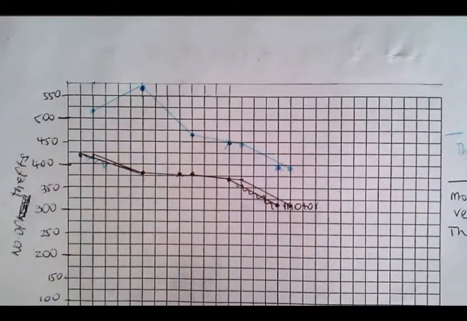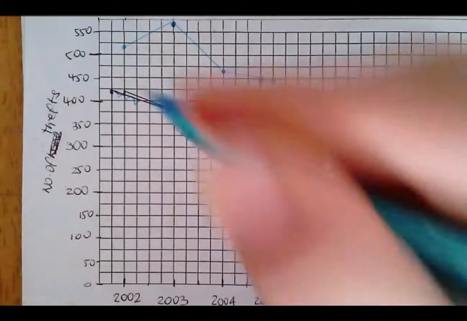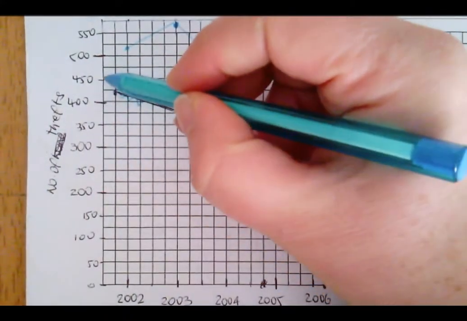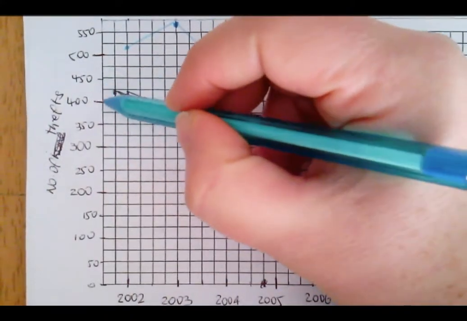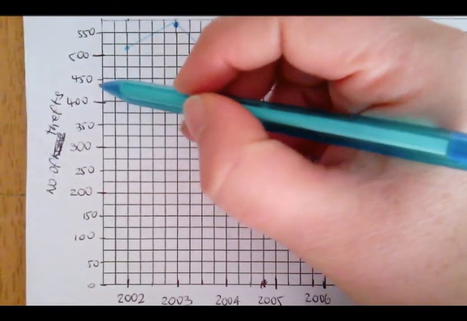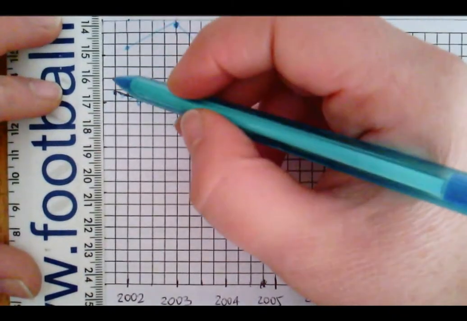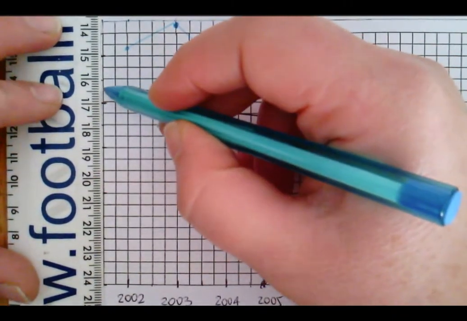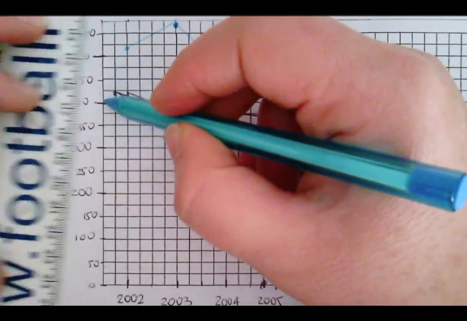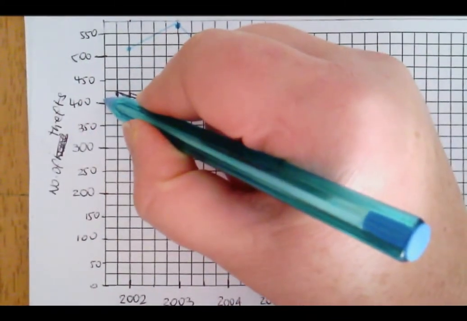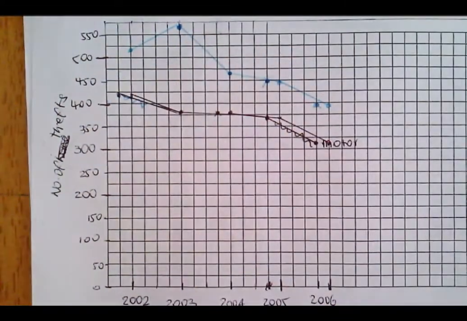The main thing you need to focus on here is to make sure you label. Also, it's just counting up here. If that's 400 and that's 450, this is 425. If these are 1 millimetre apart, it's about 4 millimetres from there to there. So each millimetre would be about 12.5.